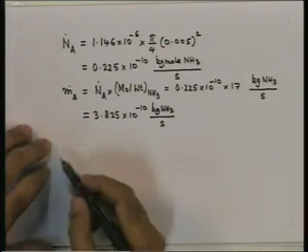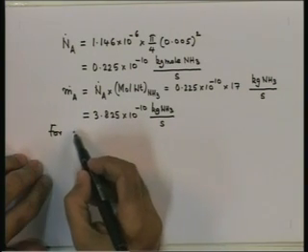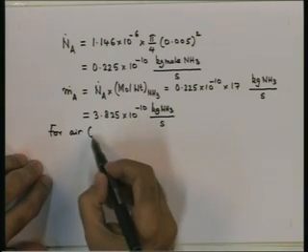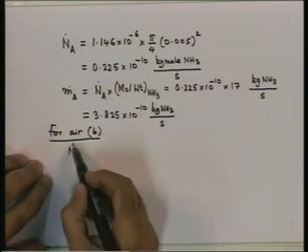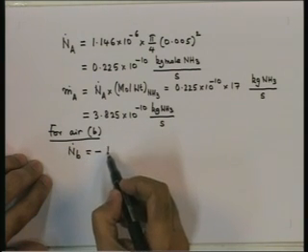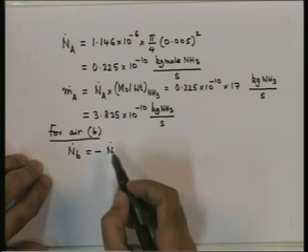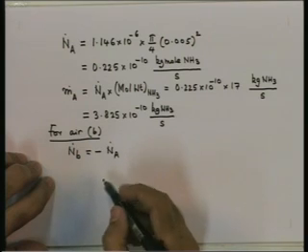Now, since it is an equimolal counter diffusion, for air, which is component B, we will have n dot B equal to minus n dot A, same magnitude, opposite in direction.